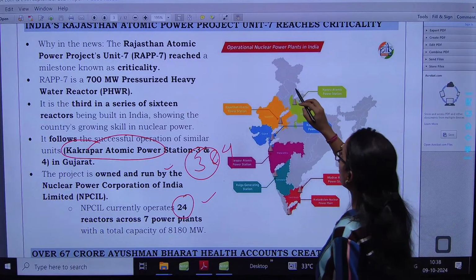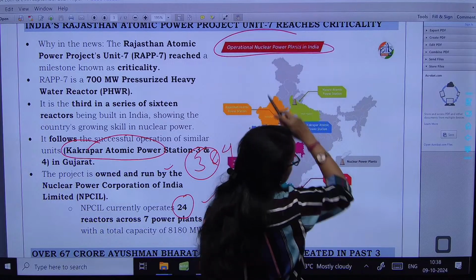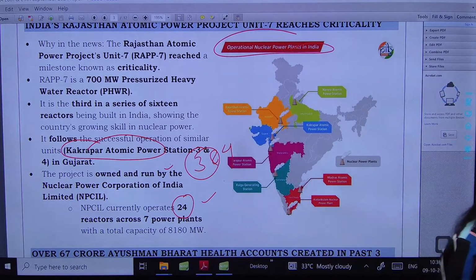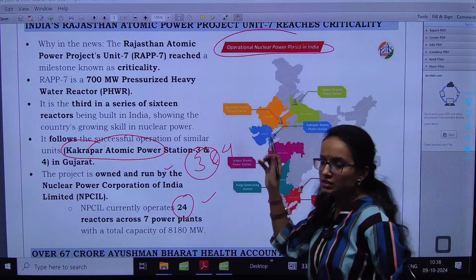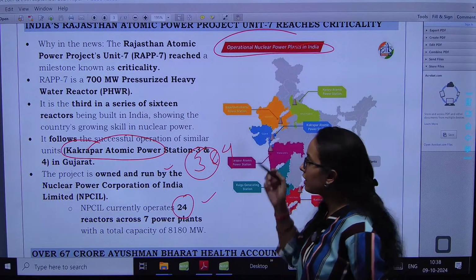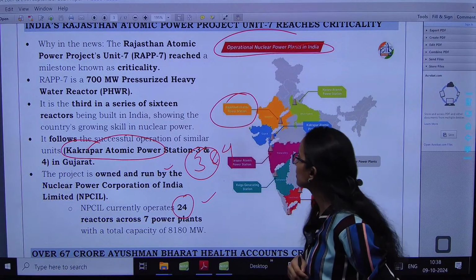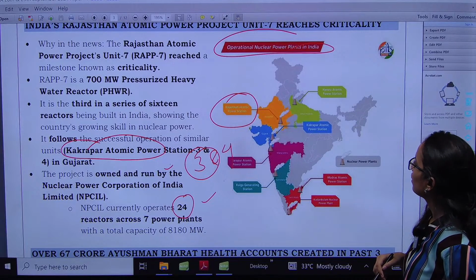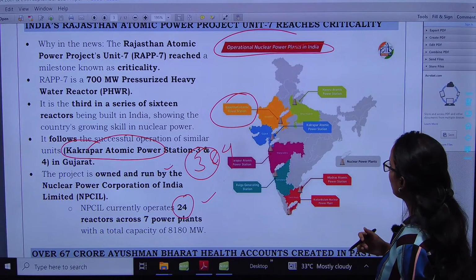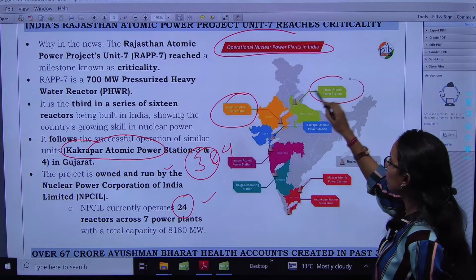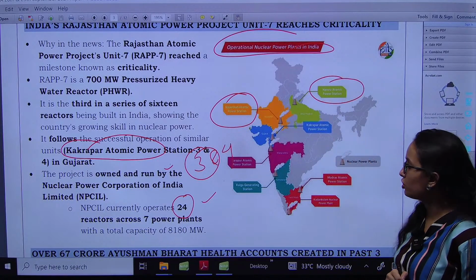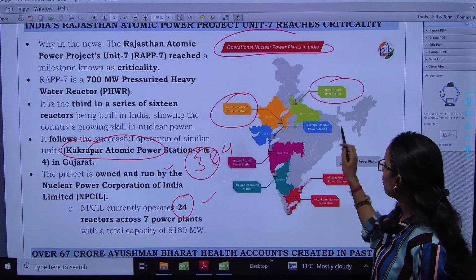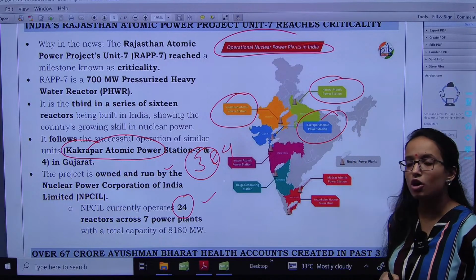You should remember the operational nuclear power plants in India, which are presently operational. All the operational nuclear power plants. This is also given in your NCERTs. So Rajasthan's Atomic Power Station, Rawatbhata, you must have heard that. Then Narora Atomic Power Station from UP. Then from Gujarat, you have Kakrapar Atomic Station.